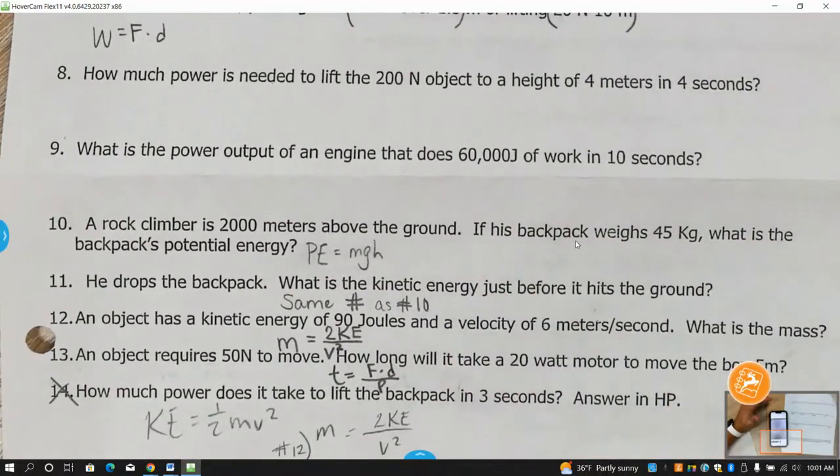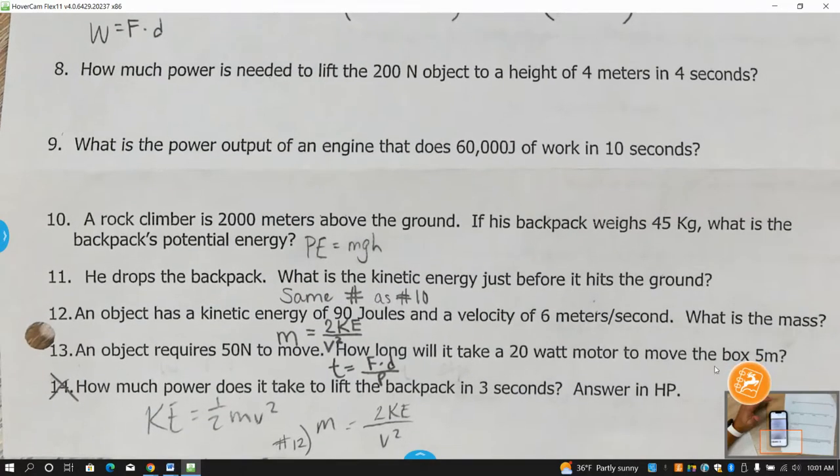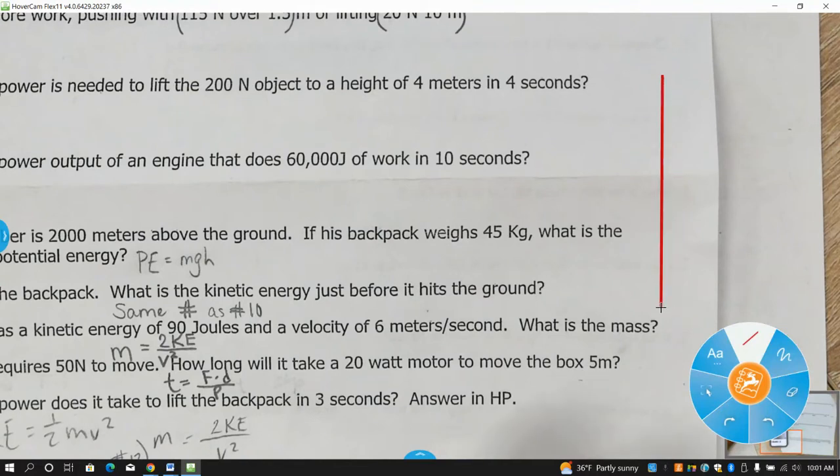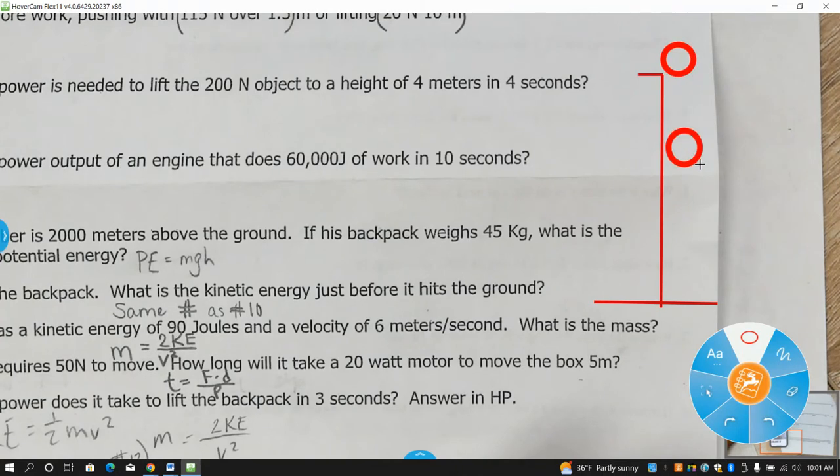So for number 11, he drops the backpack just before it hits the ground. I tried mentioning this earlier. If this is a ledge, a little cliff, and you have a ball here, and it drops to go down here.